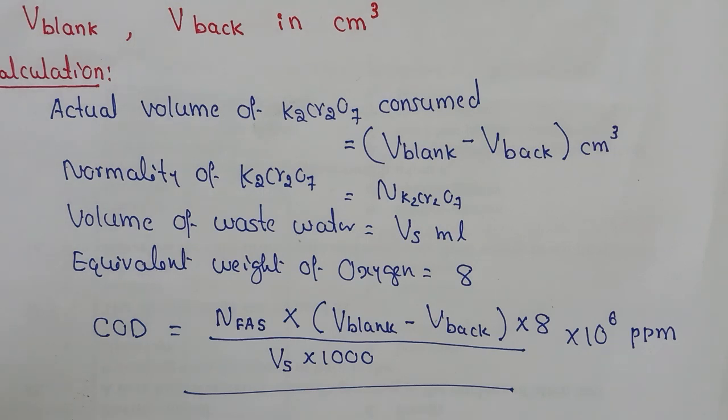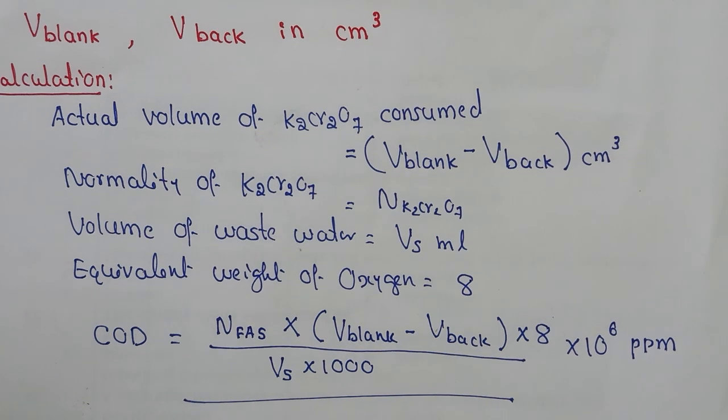The chemicals required are potassium dichromate, sulfuric acid, the sample that is wastewater, then catalysts silver sulfate and mercuric sulfate, the indicator ferroin, and the titrant, the solution taken in the burette, which is standard FAS solution. So this is the experiment I am explaining for the determination of chemical oxygen demand.